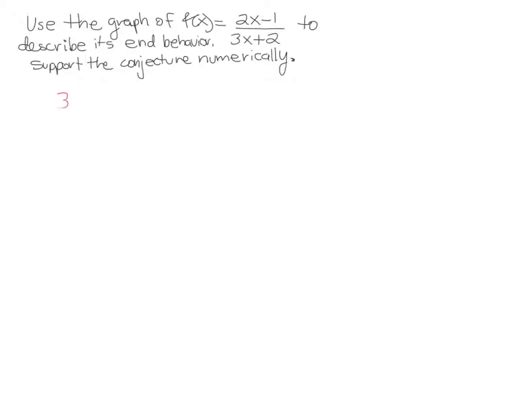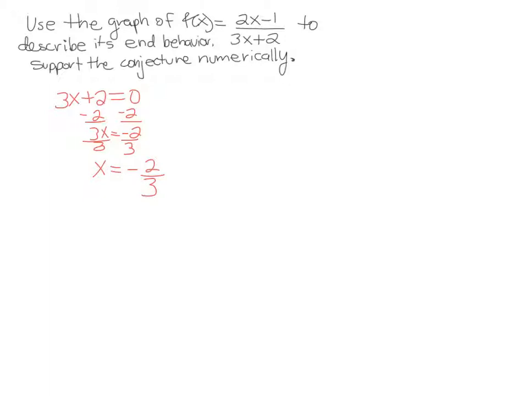So I'm going to let 3x plus 2 equal 0. I solve for x. So here I can find my vertical asymptote at negative 2/3.